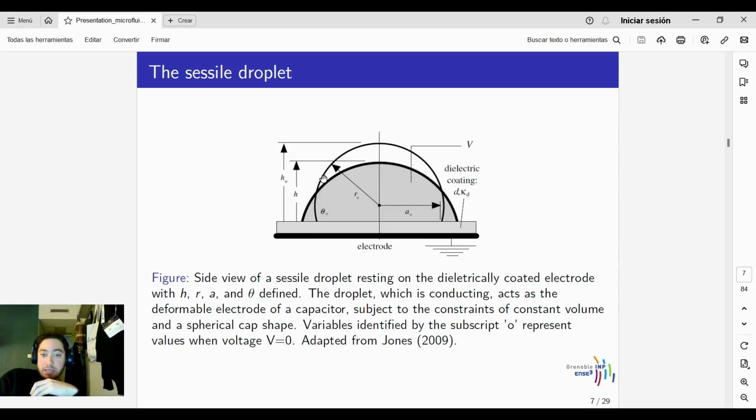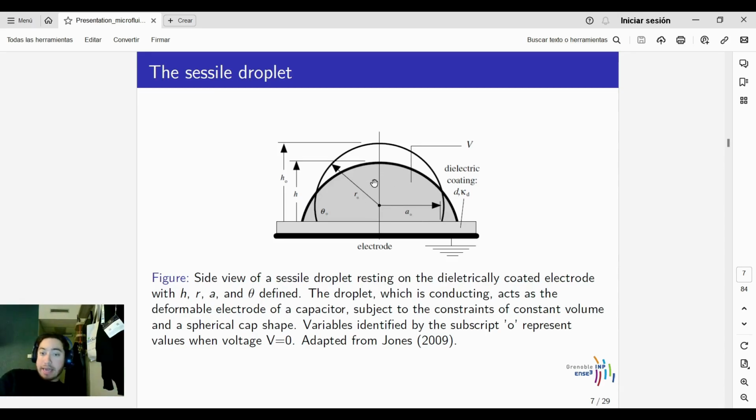As we can see here in the darker figure, is the shape of the drop after the electric field is induced. In this case, the drop will behave as a capacitor due to the electric charge movement that is induced after the electric field is generated.